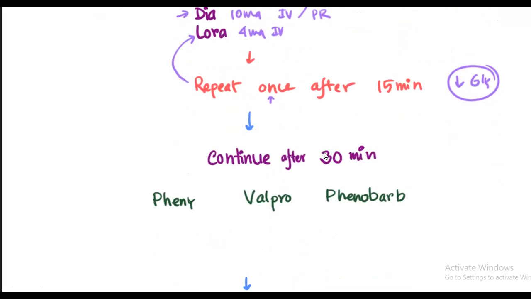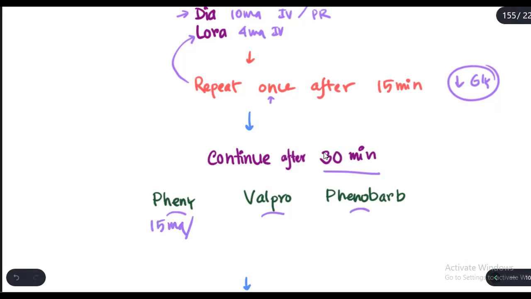And if the seizure continues even after 30 minutes of giving the second dose, then it's time to add a different kind of drug. And the common choices are phenytoin, valproate, and phenobarbital. The usual dose of phenytoin is 15 milligram per kg at a rate of 50 milligram per minute.